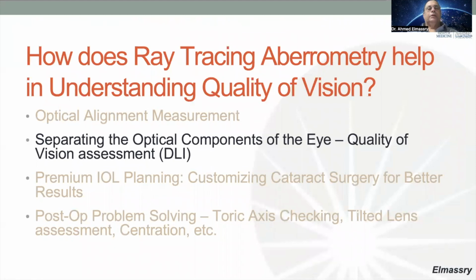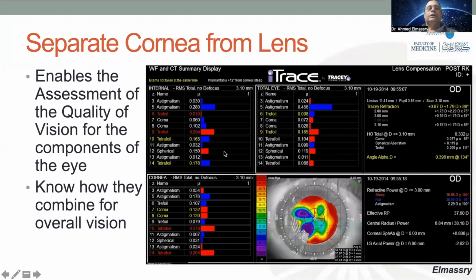Regarding the second point, which had been paved by the previous slide, separating the optical components of the eye leads to quality of vision assessment, which is the dysfunctional lens index. As you see here, again in detail, in the previous picture we saw the total E. This total eye aberration is divided into the root mean square total high order aberrations here.